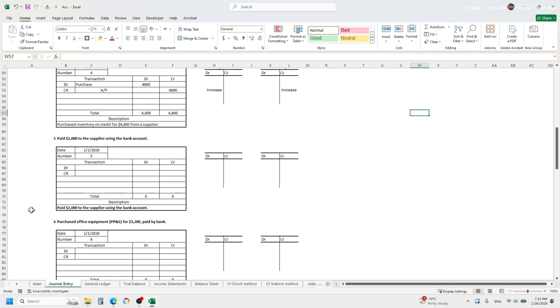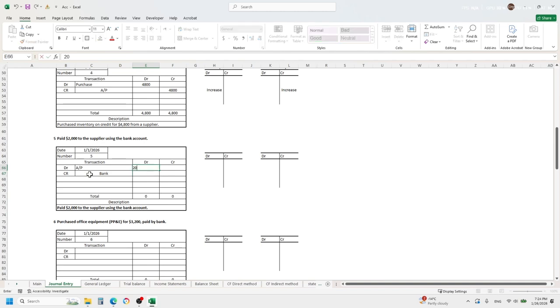Number 5, paid 2,000 to a supplier using the bank account. Here the two accounts affected will both decrease. The first one is accounts payable, because we pay 2,000 from the 4,800 we bought, and the bank also will decrease because we pay through it. So here accounts payable, and here bank.